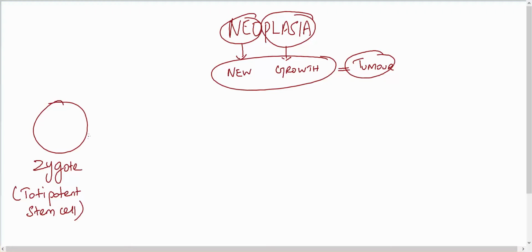From the zygote we have three germ layers: ectoderm, mesoderm and endoderm.